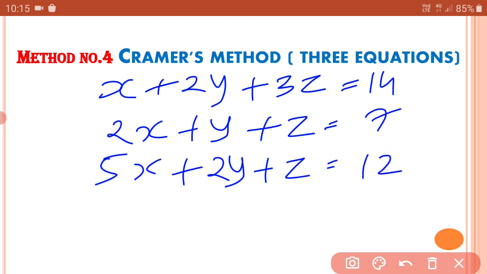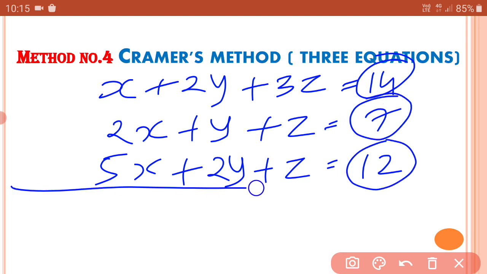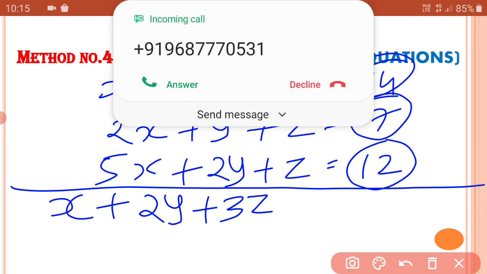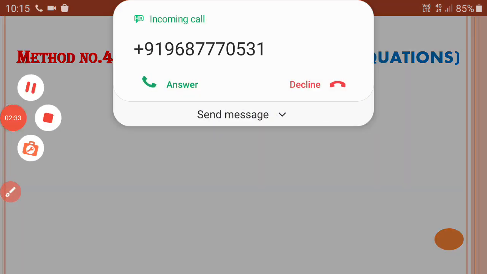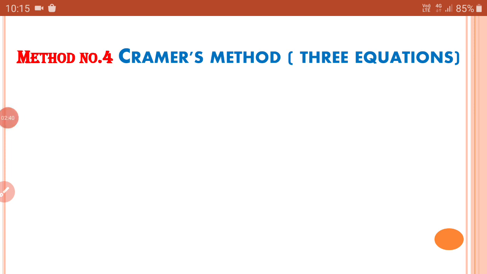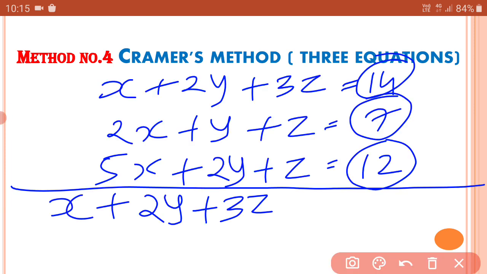All of you know the right side is always equal to 0, so 14, 7 and 12 we transfer to this side. So again you write the first equation, x plus 2y plus 3z minus 14 is equal to 0.